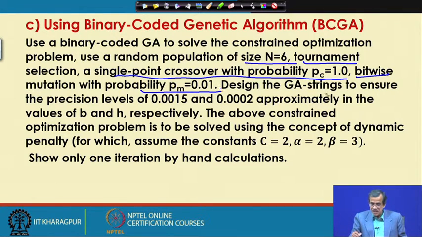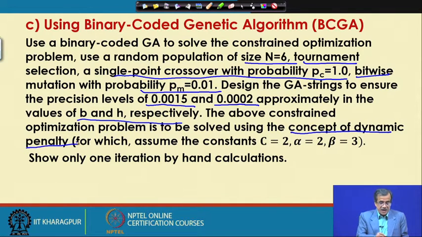Now, we will have to design the GA string to ensure the precision level of approximately 0.0015 and 0.0002 in the values of B and H respectively. Accordingly, we will have to select the number of bits. Now, this constraint optimization problem has to be tackled using a penalty function approach, and we are going to use the concept of dynamic penalty.